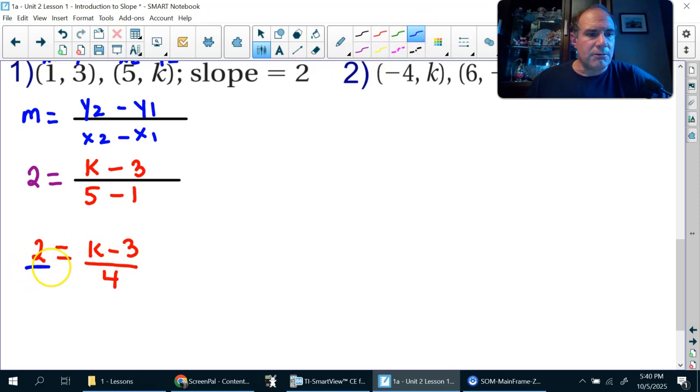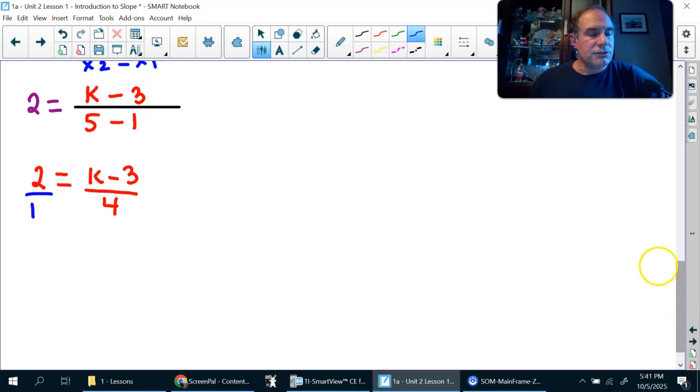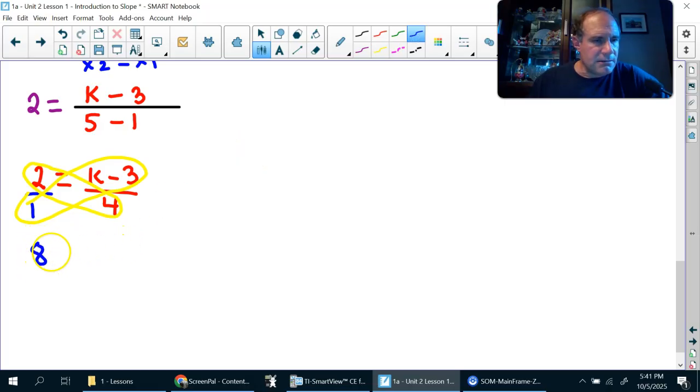Or you could do the little trick that I'm going to show you as far as a proportion goes. If you make a 1 underneath the 2, it's a proportion. You could do that butterfly method, and it works out well because 2 times 4 is 8, and 1 times k minus 3 is just k minus 3.